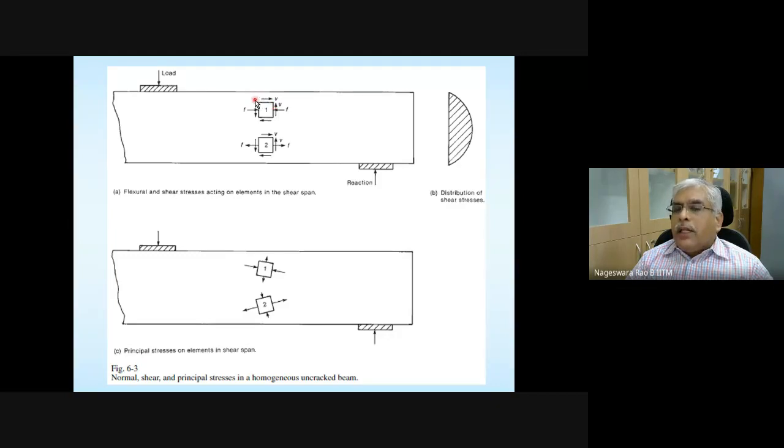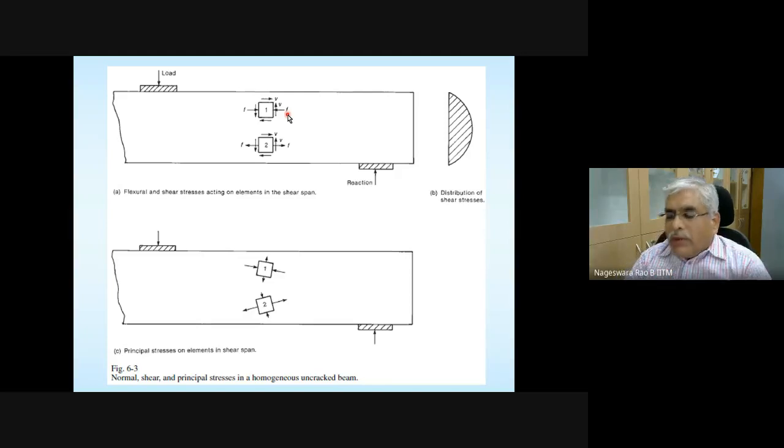That is what is depicted here. And what is the normal stress acting? You can see normal stress is shown towards the element. That means it's compressive. And here normal stress is acting away from the element. It's tensile. So you got the shear stress, you got the normal stress.